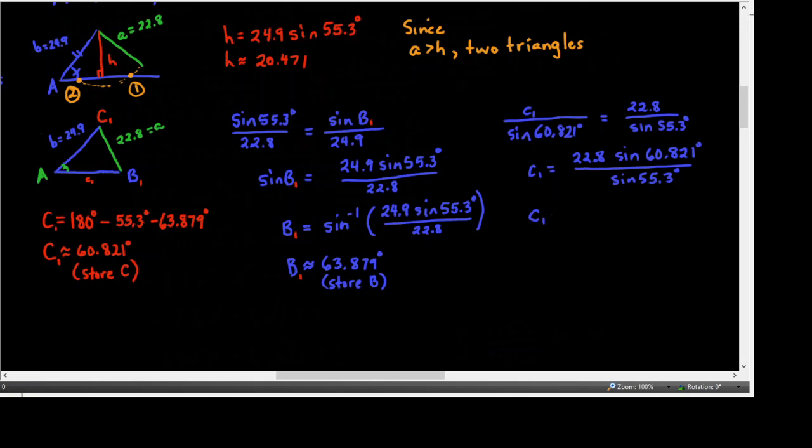Okay, so C1 is approximately, let's see where I found that, 24.213. And what are the units for length? Do we know those? Yeah, they were feet.